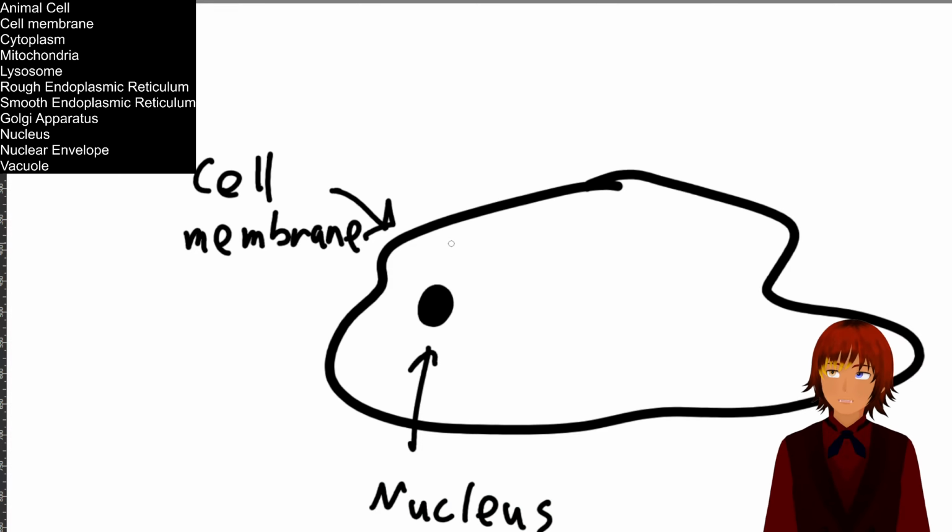So the cell membrane is this barrier that controls what goes into and out of the cell. It keeps the cell's contents inside and separates it from the outside environment. Without the cell membrane, you'd basically have no cell because the insides would leak all over the place and the cell would pretty much be dead.